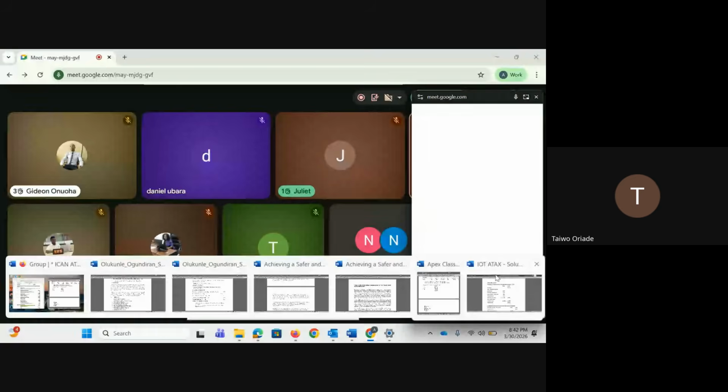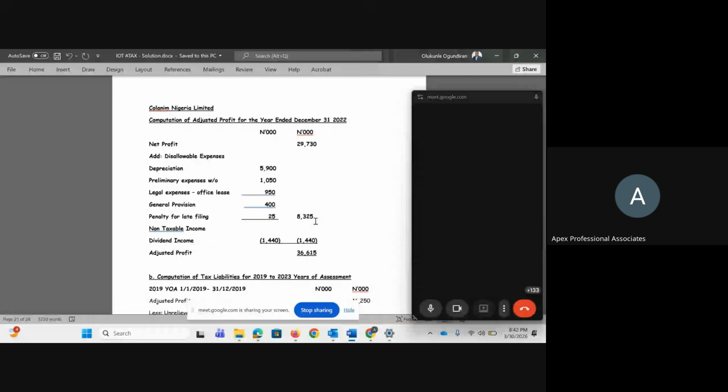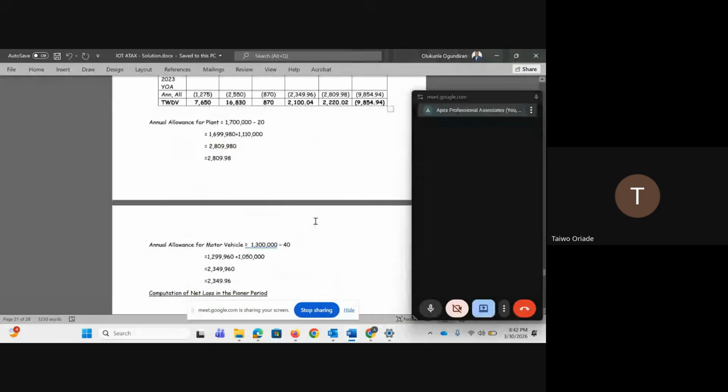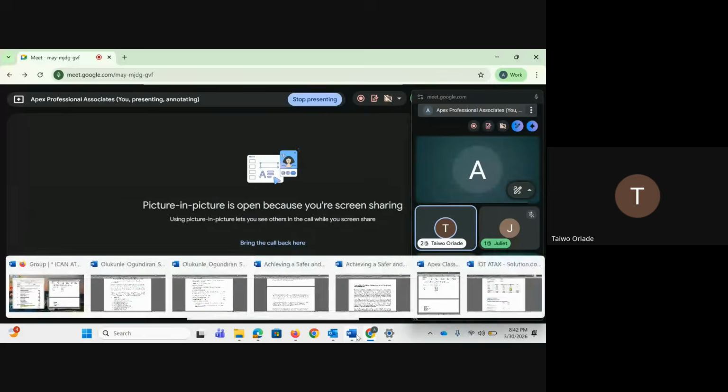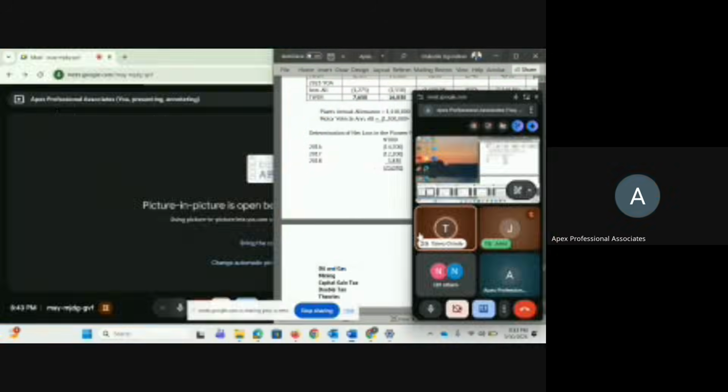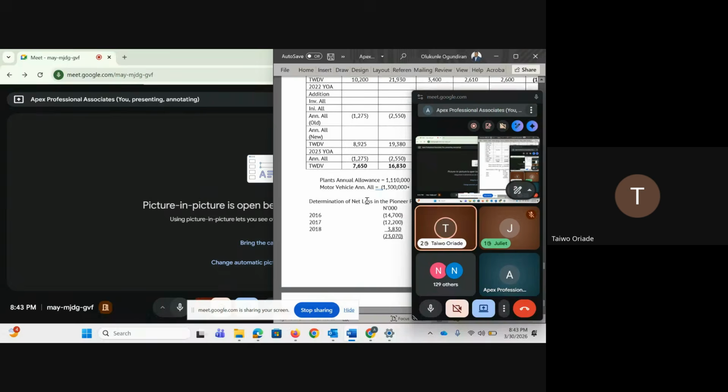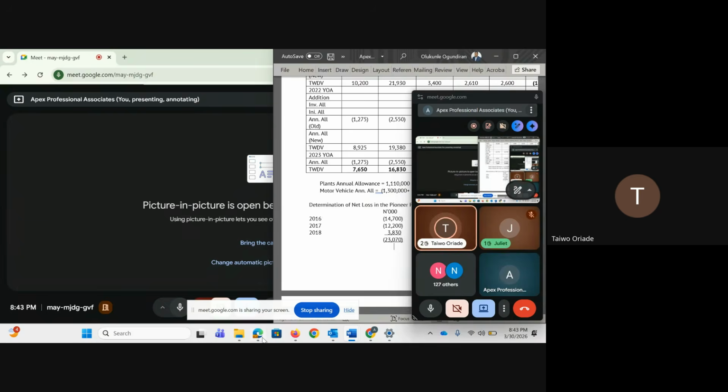Sorry, sir. I want to quickly bring us back to the calculation of the capital allowance. The last calculation we did on annual allowance for plant, the last year, sir. I'm trying to understand something there. We removed the 20 naira from 1,110,000. I can see annual allowance for old assets, which is 1.7 million.